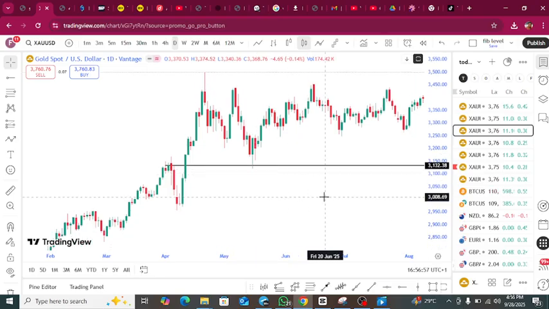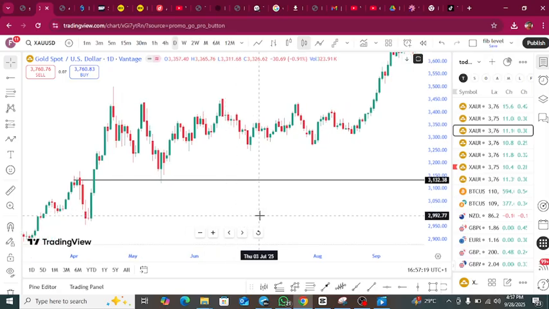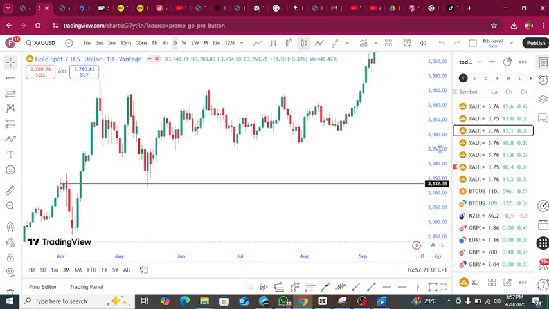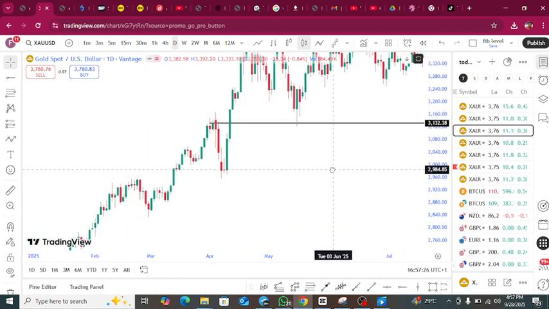So once you know how to draw these levels, you will understand where price is likely going to come to. Either it rejects or it breaks it. Okay, so for now I'm just showing you the levels first, how to draw those levels, how to identify those levels. Okay, let me look for another example.